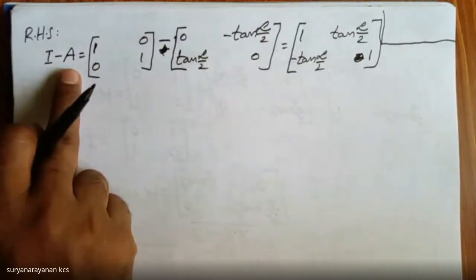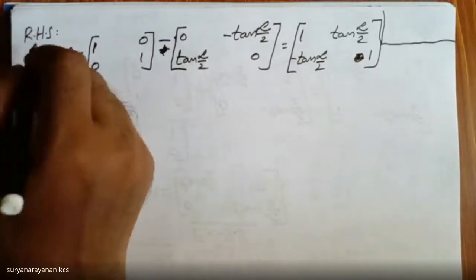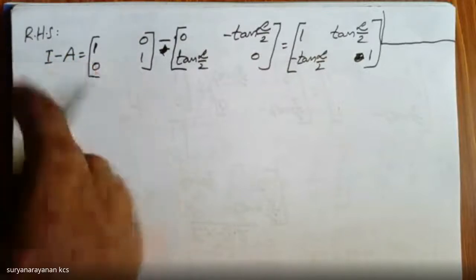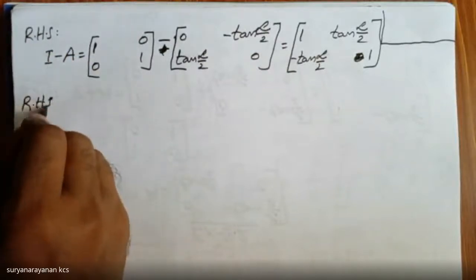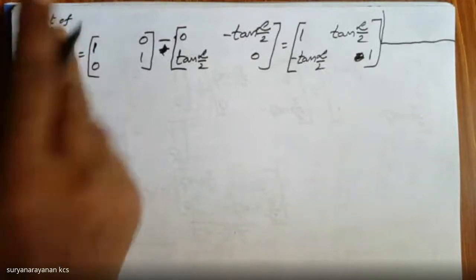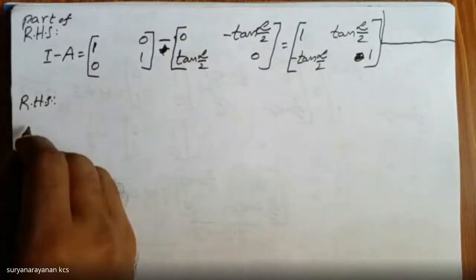But actually, what is RHS? I minus A into, okay, this is only part of RHS, not the complete RHS. Now we are taking the complete RHS. What is the complete RHS?